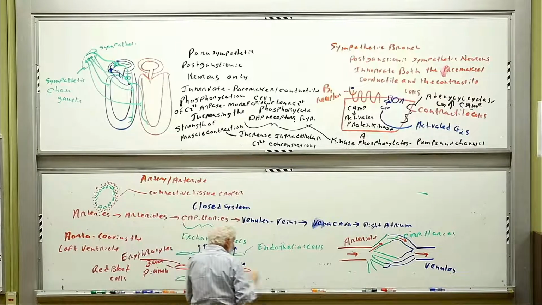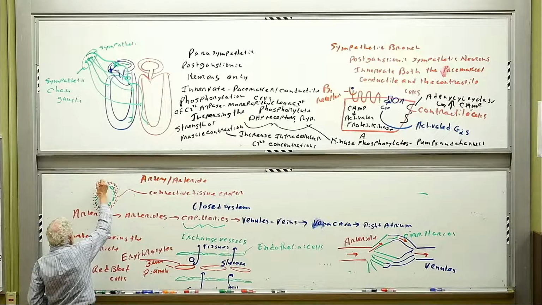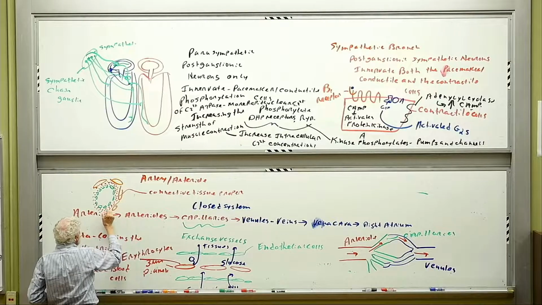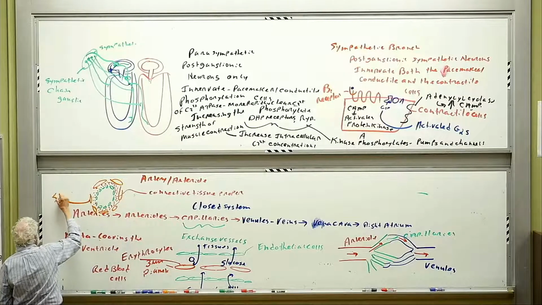And then what we find is around the entire circumference of the arteriole is smooth muscle.